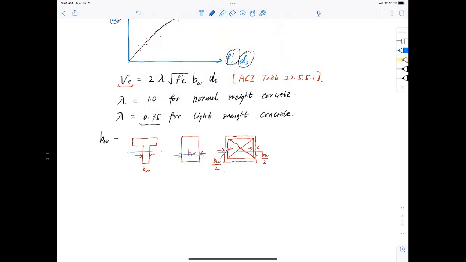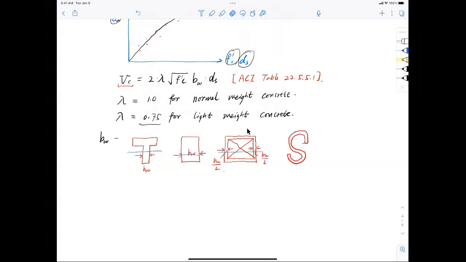Let me ask you a question, and I will pick my victim, so be careful. Say I'm going crazy and I want to do an S-shaped beam, so I do an S like this for artistic reasons.